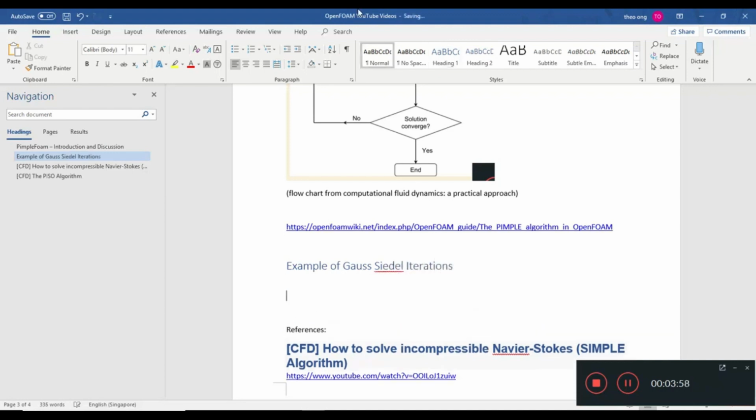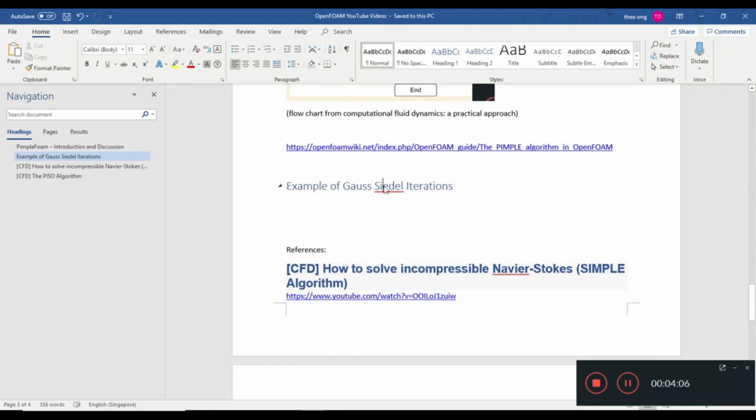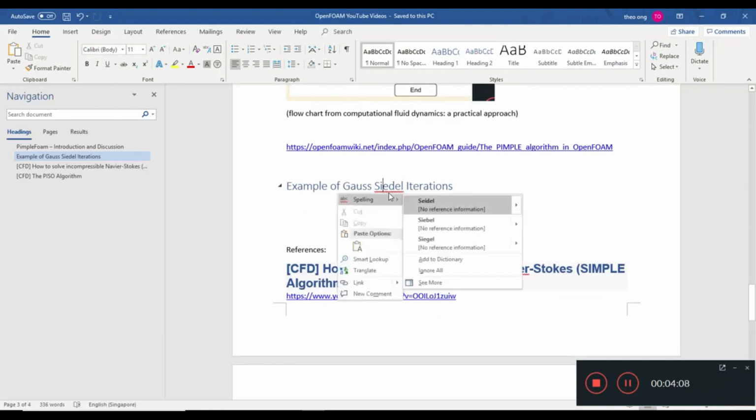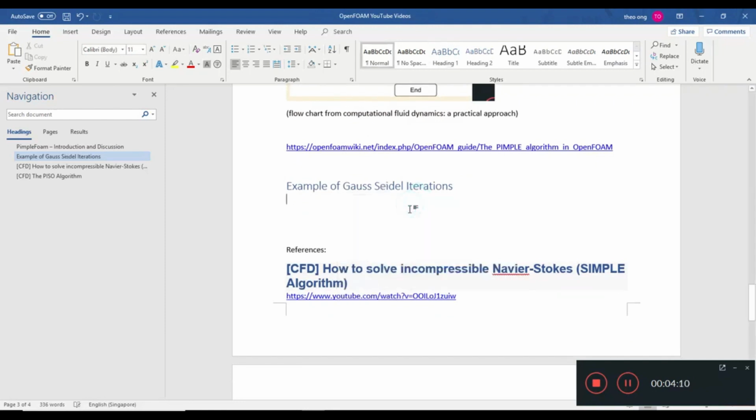I hope you know what Gauss-Seidel is; I am not going to explain how it is derived. It's just a numerical method, and I'm using it here because some OpenFOAM schemes use Gauss-Seidel a lot.